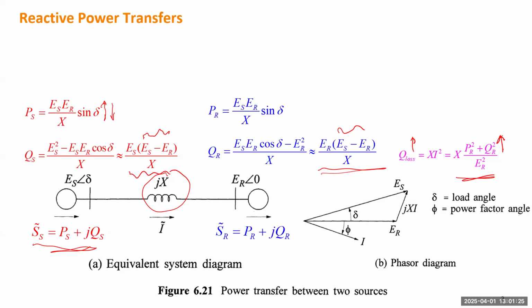So the byproduct of increasing the reactive power delivery is an increase of the reactive loss. If we also consider the resistance of the line, this will be active power loss. Similarly, if you increase either P or Q, that will increase the loss of active power.